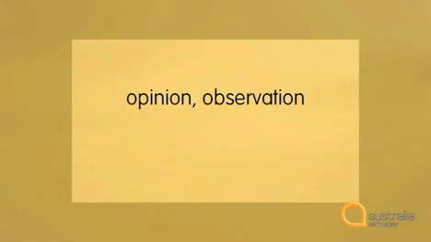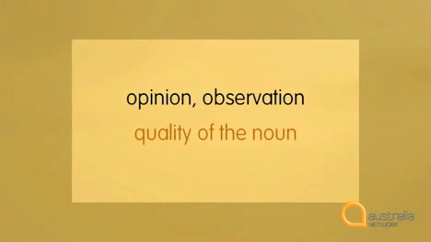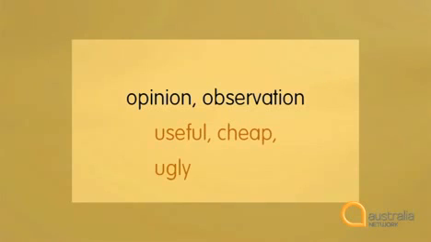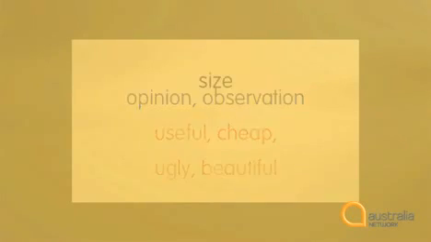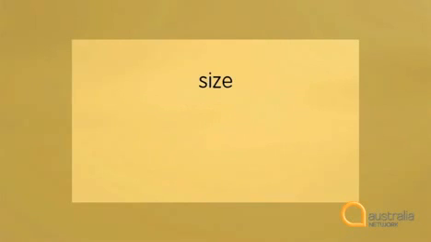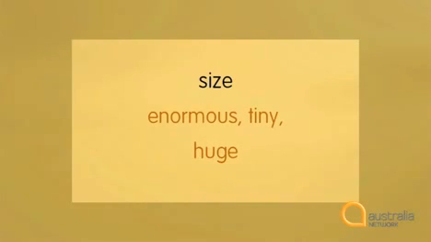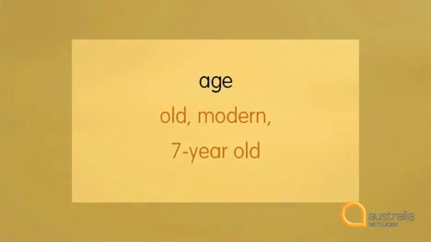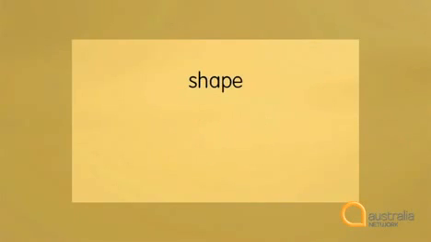The second type of adjective is opinion or observation. This tells you something about the quality of the noun. Useful, cheap, ugly, beautiful. Then we have size. For example, enormous, tiny, huge. Followed by age. It could be old, modern, 7-year-old. Then shape.